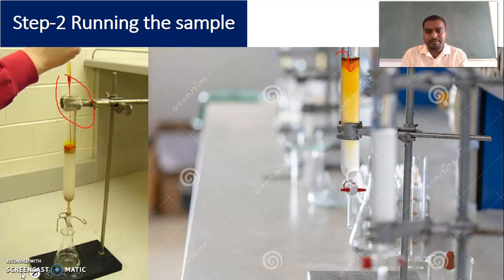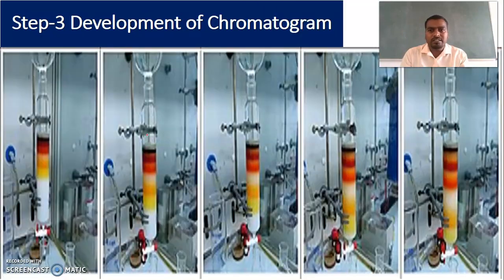So this is the second step, and this is the third step. On continuously passing the mobile phase, just observe the various stages here. In the first stage, the separation is less. If it goes on, these analytes are completely separated and situated at different positions.